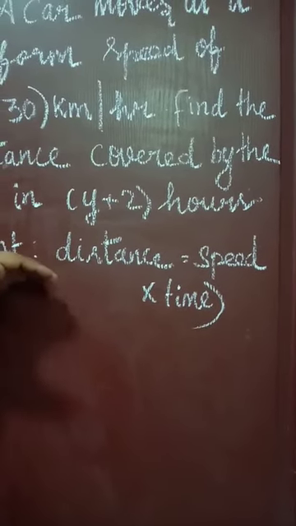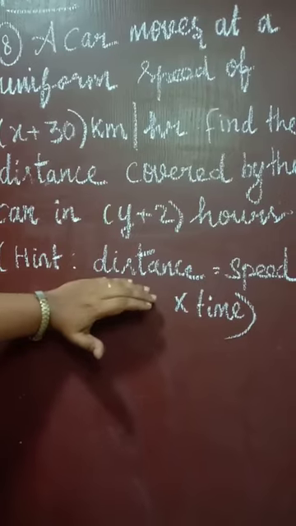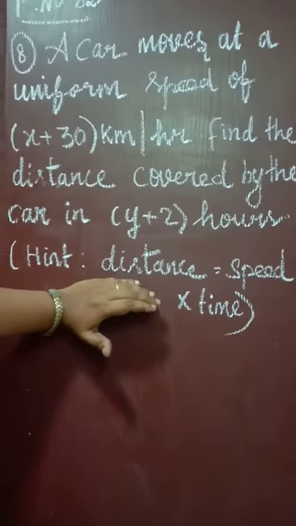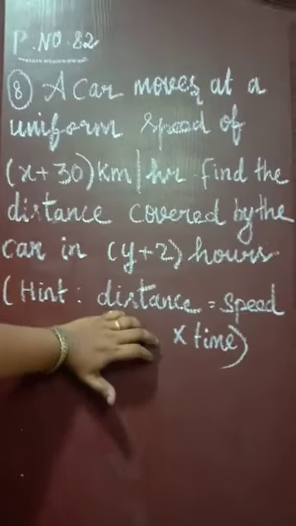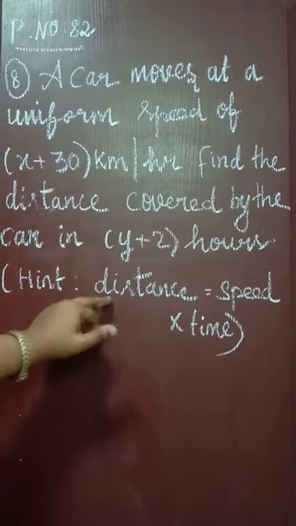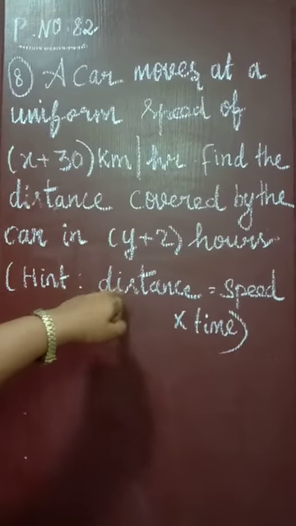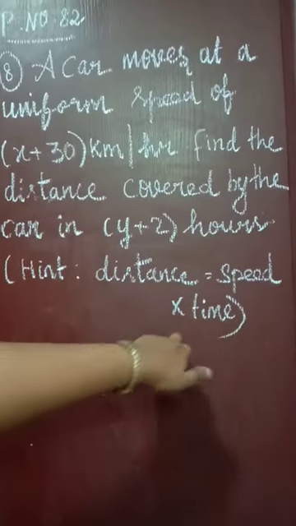Hint is given. Hint: distance equals speed into time. The formula for finding the distance means you are going to multiply the speed by time. Hint means it is a clue for the sum. So distance formula is speed into time.